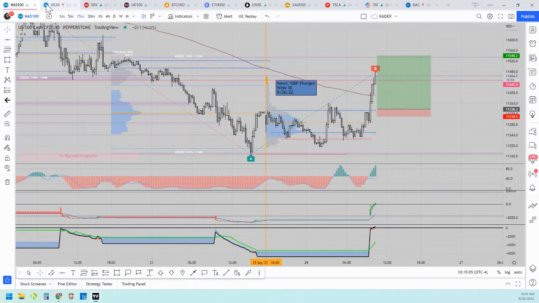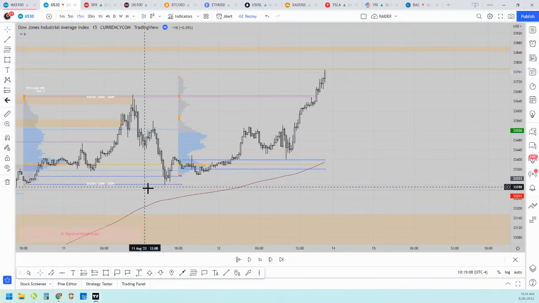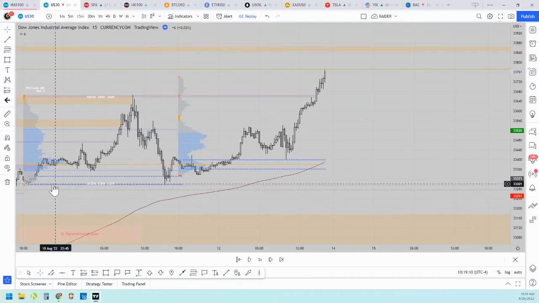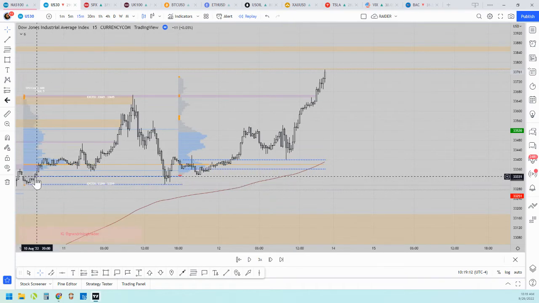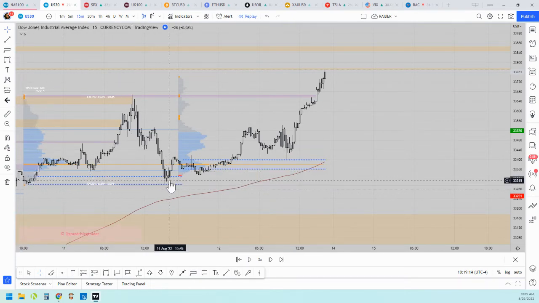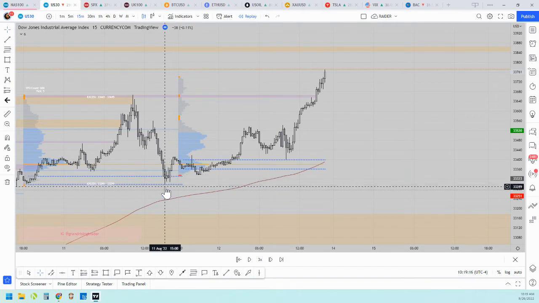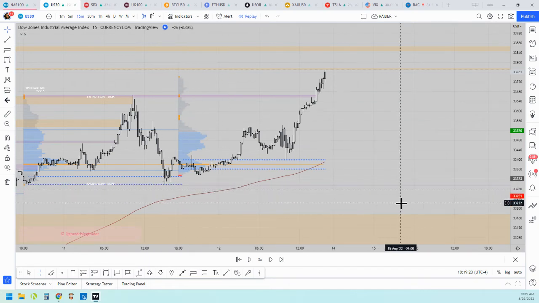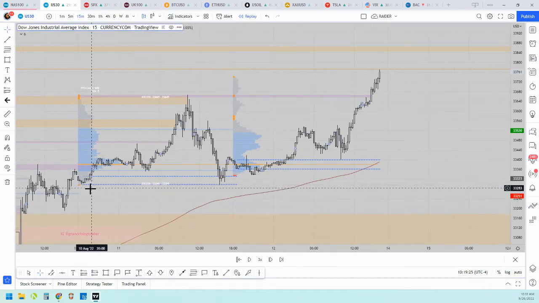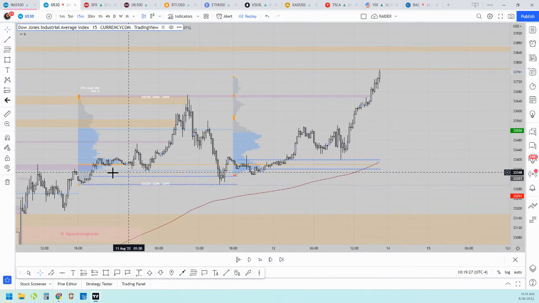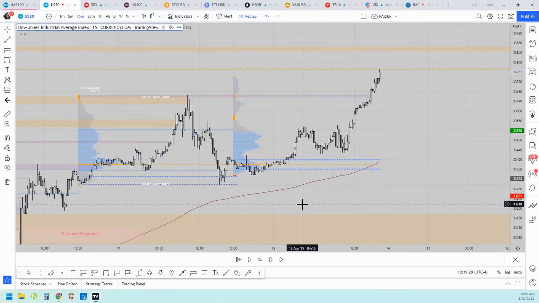We have that example, and then the example down here. Look at that. Outside of the value area, initial balance went back to here, and then it created an excess right there. This one didn't get hit though, but the idea is that it does come back.